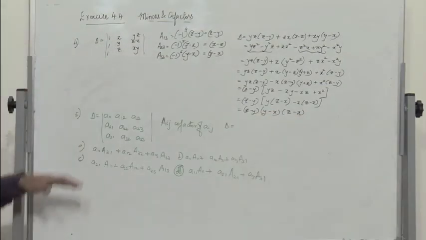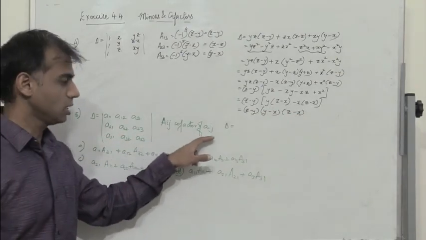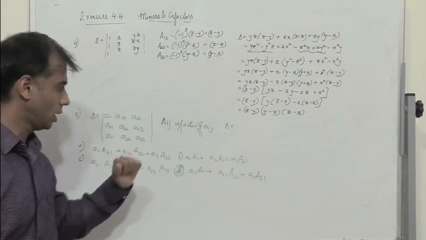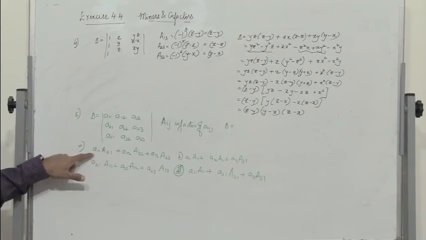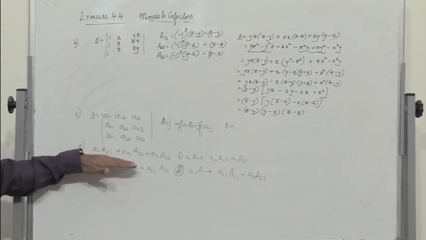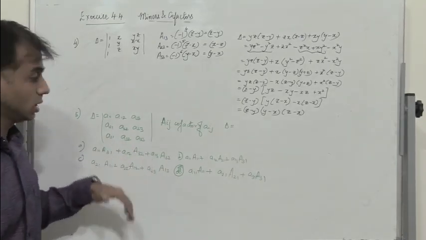So in problem 5, given the determinant and the elements, if Aij is the cofactor of aij, which of the following happens to be the determinant? Well, now here we find that the elements and the cofactors do not match. Here I have a11 and A31, so this cannot be the value of the determinant.